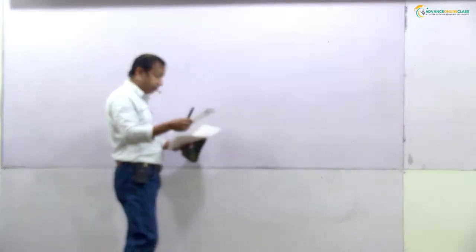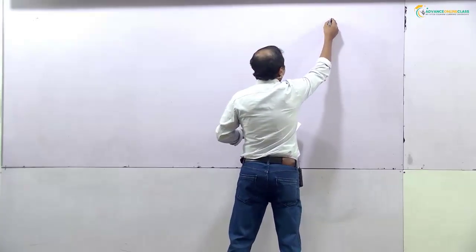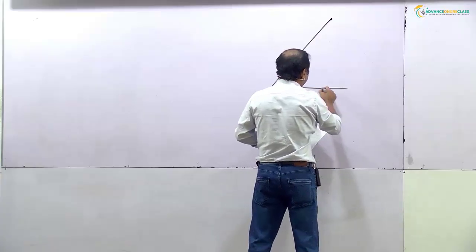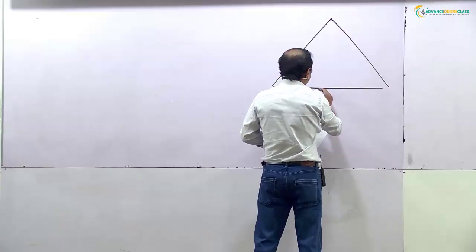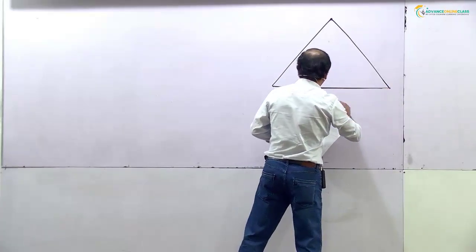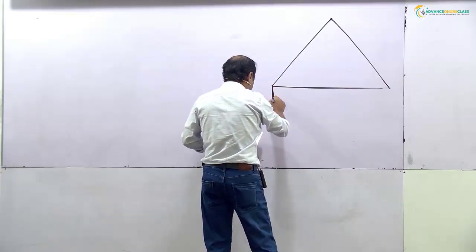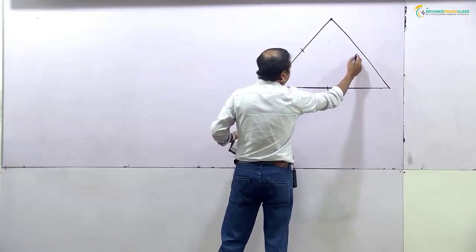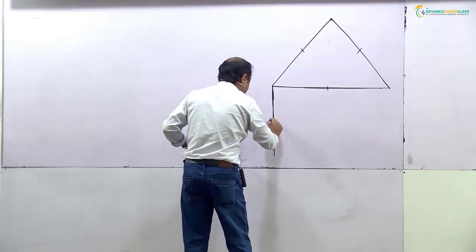We'll draw a diagram there first. This is an equilateral triangle. This side is also equal to this.